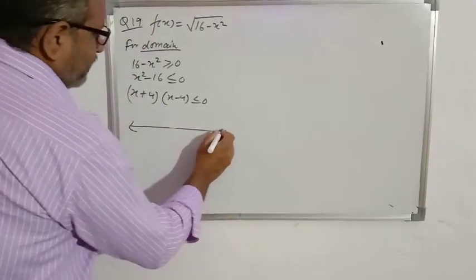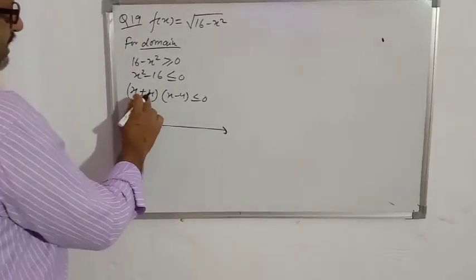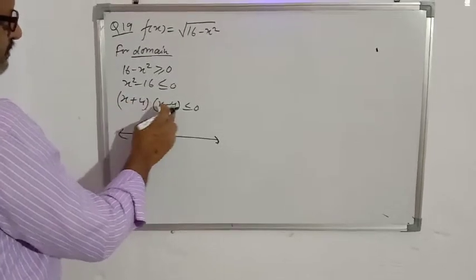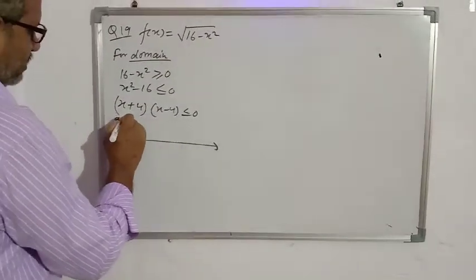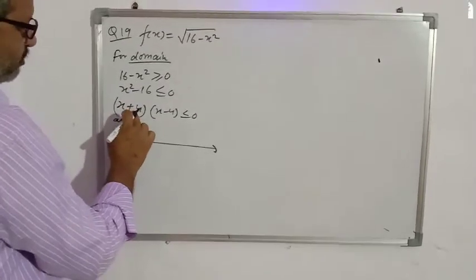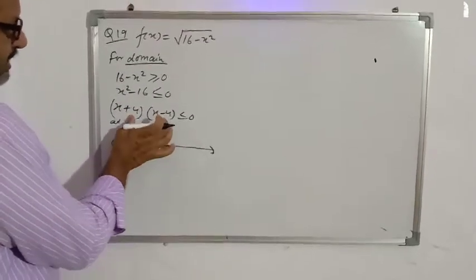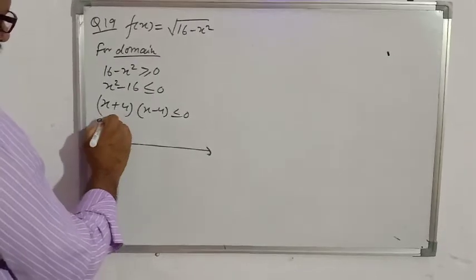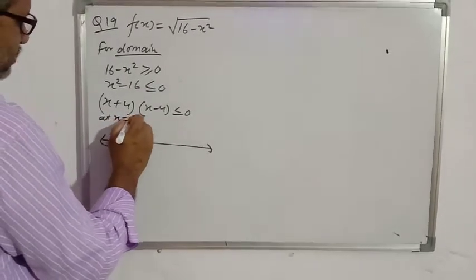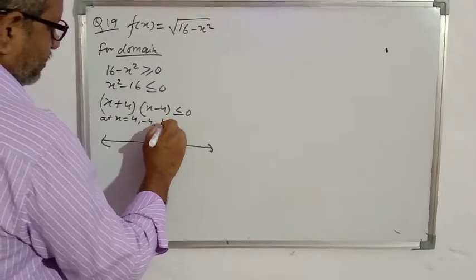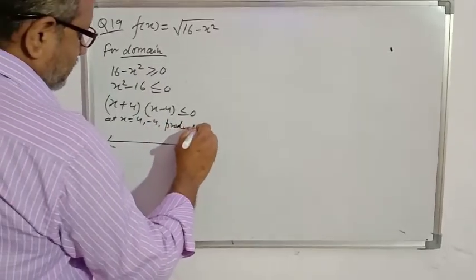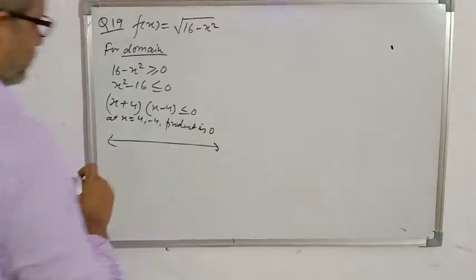Suppose it is the real number line. We will get 4 and minus 4. At x is equal to minus 4 and x is equal to 4, we will get the value 0. At x is equal to 4 and minus 4, product is 0.